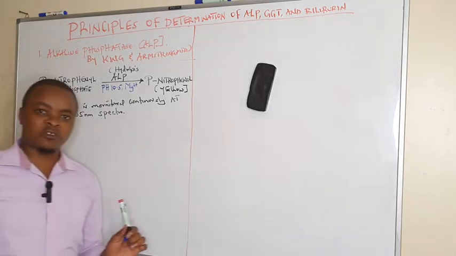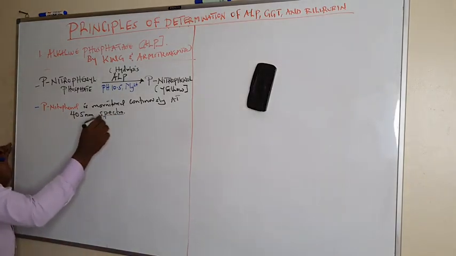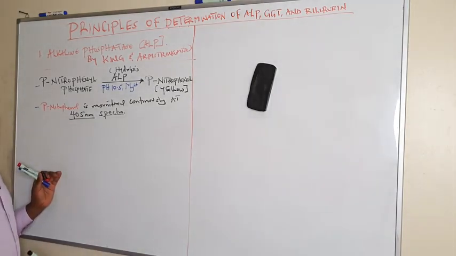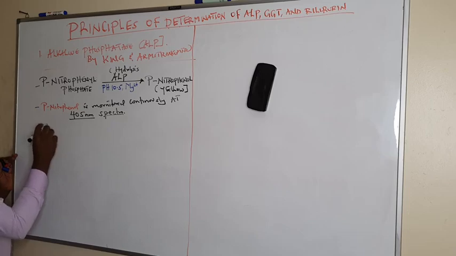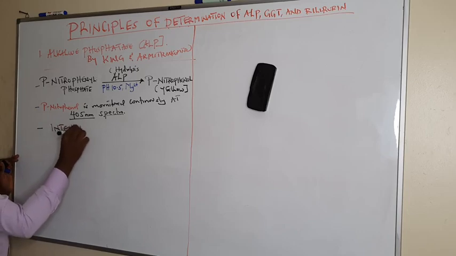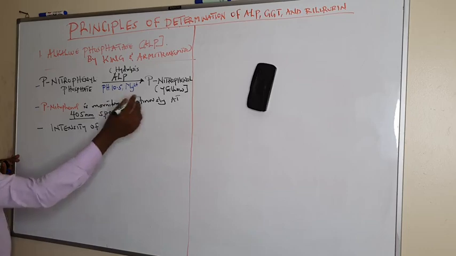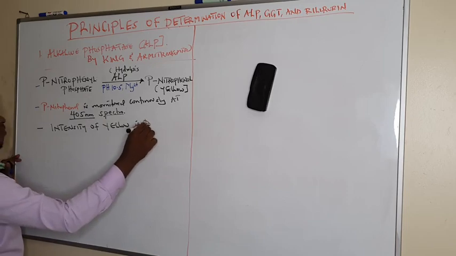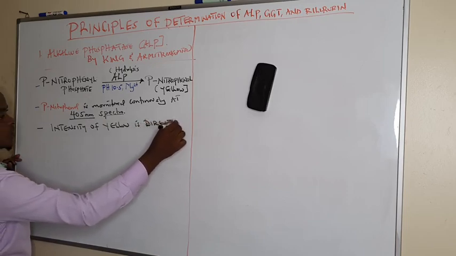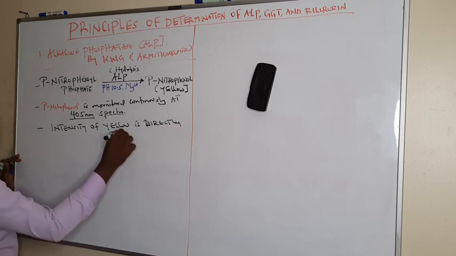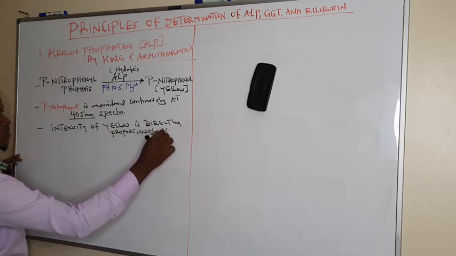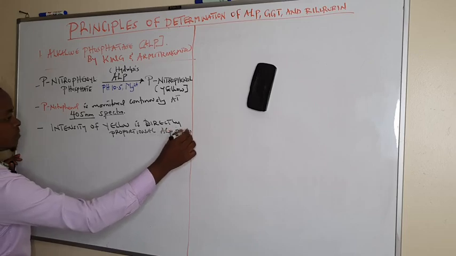You can use a spectrophotometer or colorimeter, but the best is spectro at 405 nanometer wavelength. And we shall end up saying that the intensity of the yellow color formed, that is P nitrophenol, is directly proportional to the amount of ALP in the serum sample.